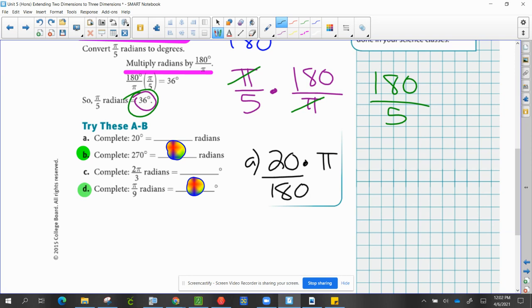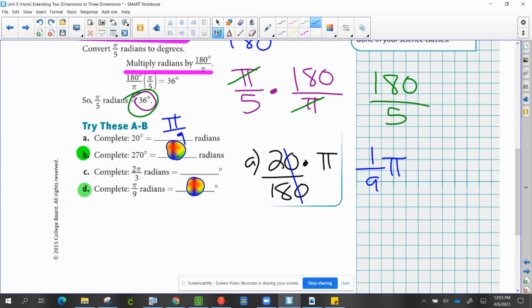All I have to do is reduce that fraction. I can do it in a calculator or cancel out the zeros. 2 over 18 would be 1 over 9 times pi. So our answer here would be pi over 9 radians.